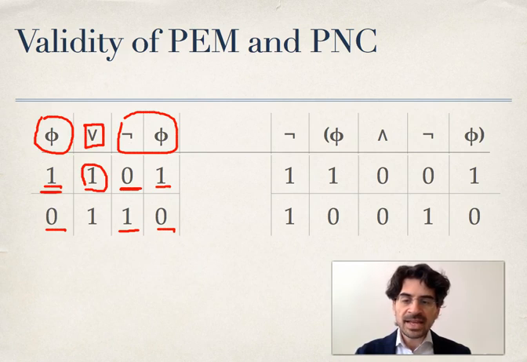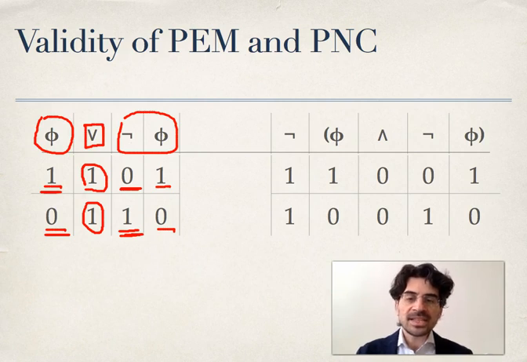If, on the other hand, the first disjunct phi has value 0 and the second disjunct not phi has value 1, then again the value of the disjunction is 1. So here we can see that no matter the evaluation function that we pick, the truth value of phi or not phi is always 1.